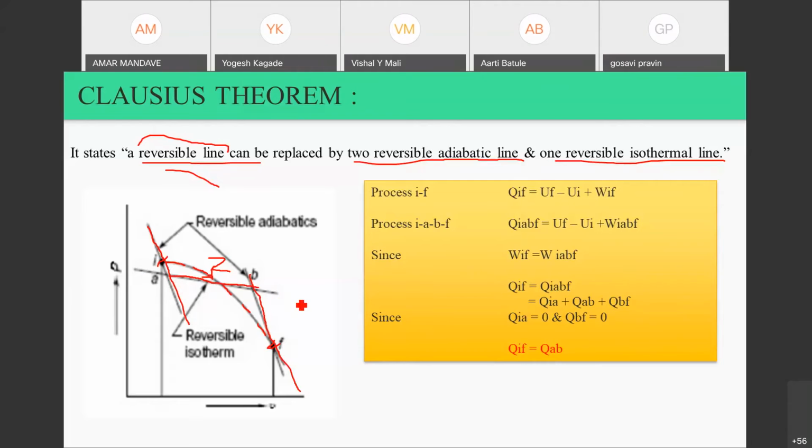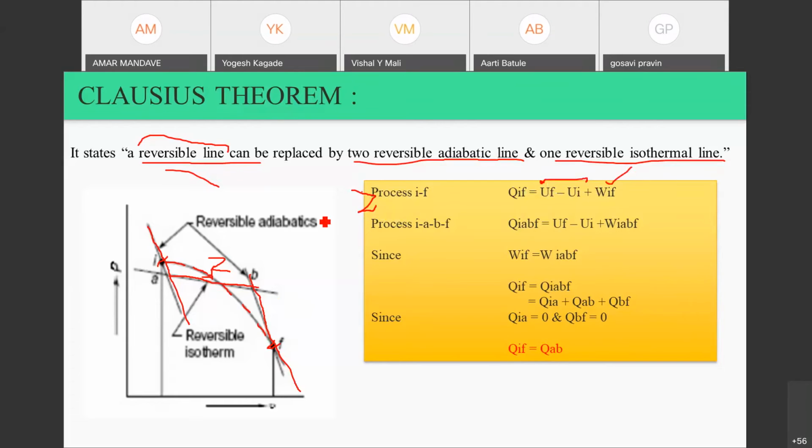Now applying the first law of thermodynamics to all those processes. For the process Z, from I to F, Q is equal to UF minus UI, the change in internal energy, plus the work interaction.